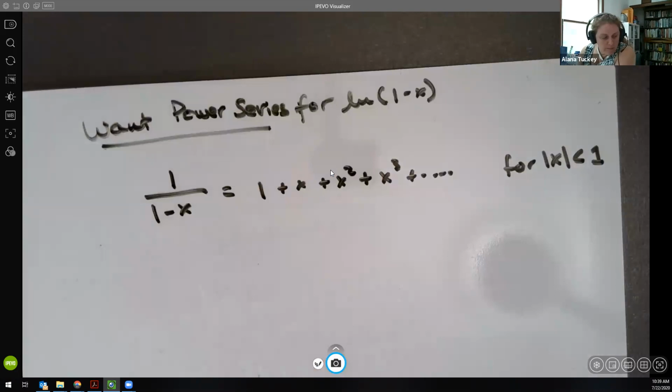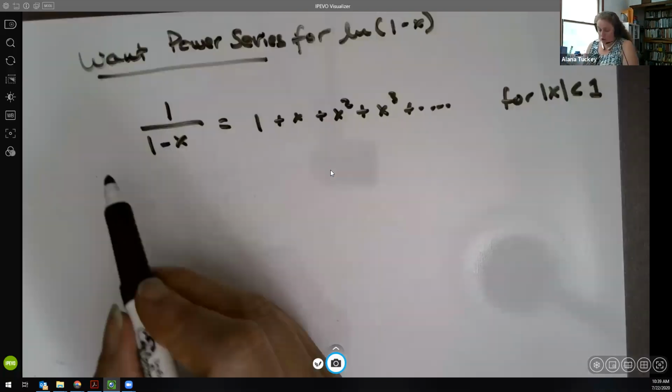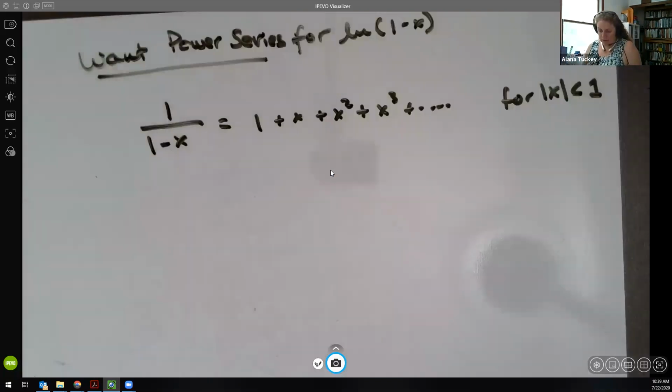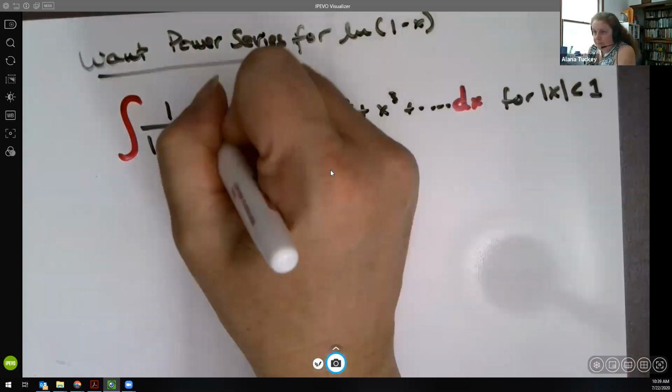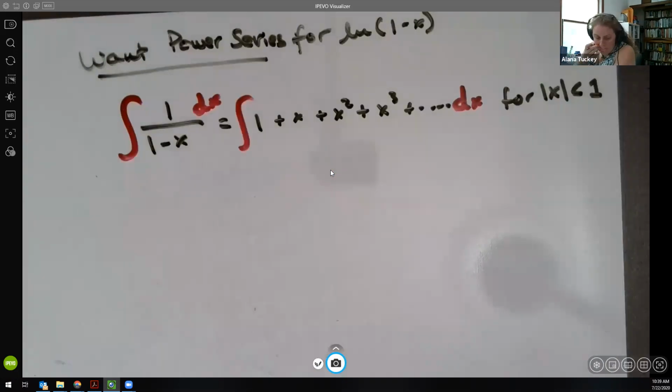What do they want? We can integrate it. To get to the natural log of 1 minus x, I integrate both sides with respect to x.